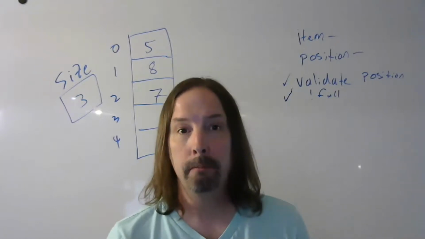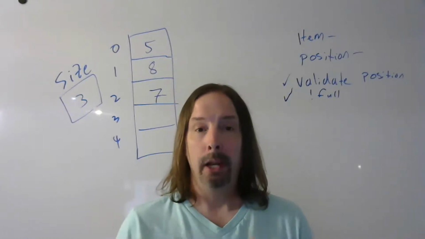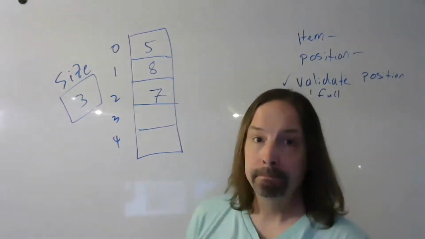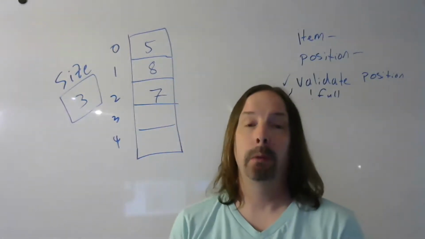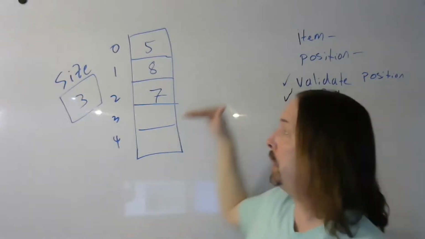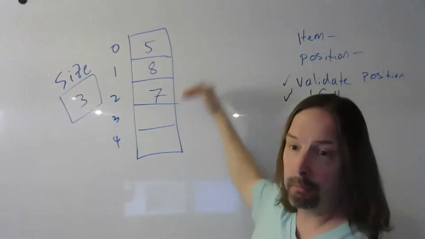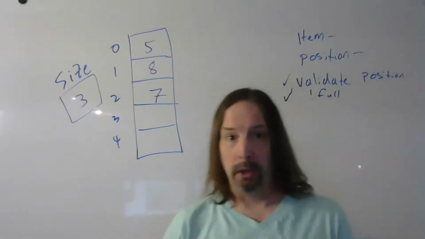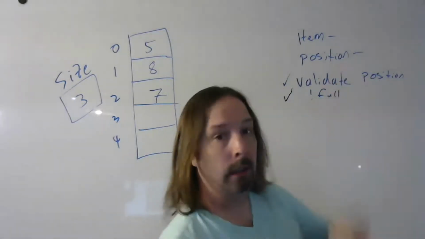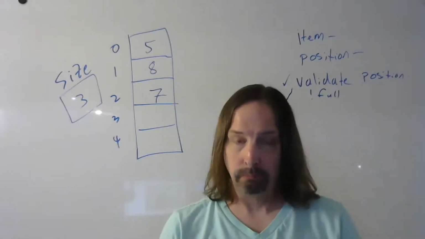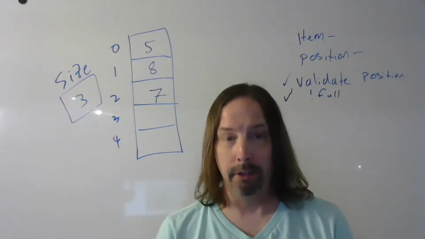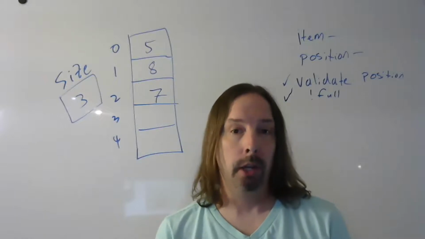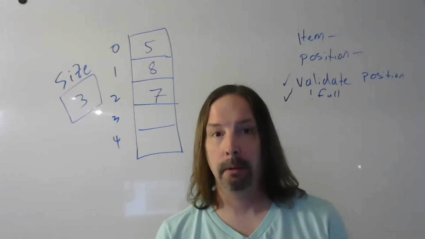We can move on. Now, in order to move on, we need to make room. So the next thing that we have to do is shift elements down until the position we want is vacant. All right, it's not technically vacant, but it's going to have data in it that we no longer care about, so that's effectively vacant.